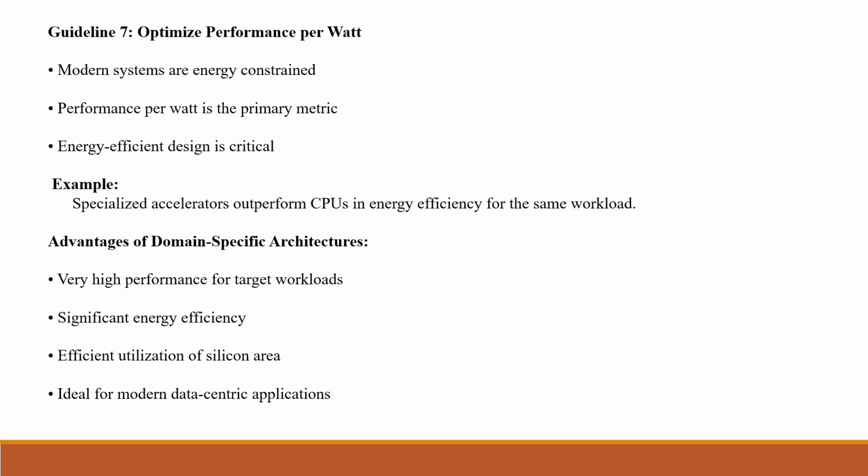And the last guideline is optimize performance per watt. So today the power is more important than speed. So DSA focuses on getting maximum performance using minimum power. This is called performance per watt.